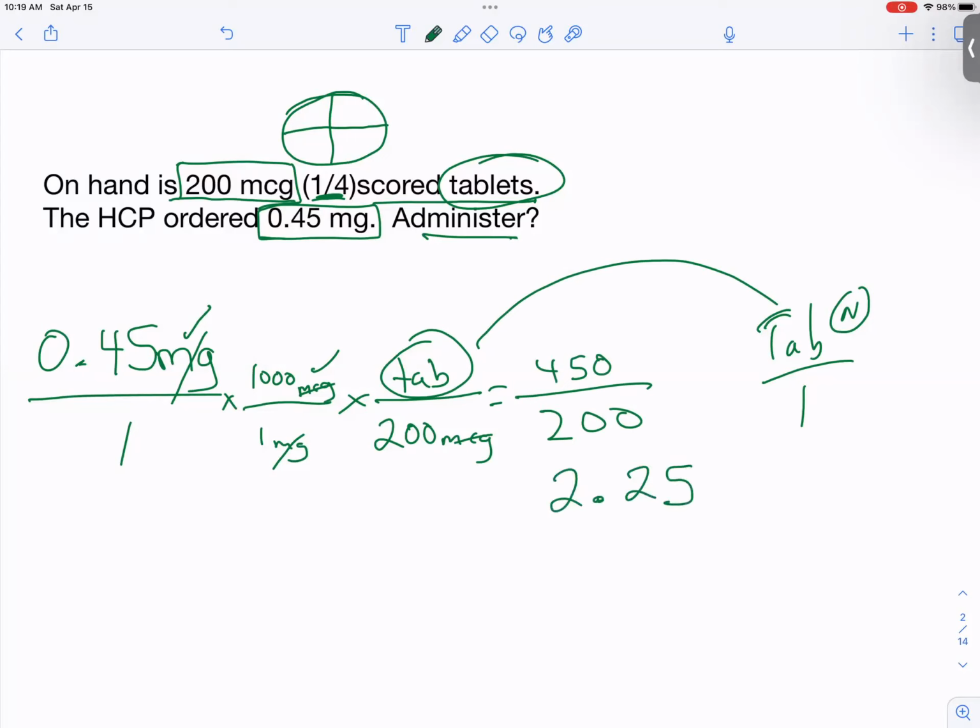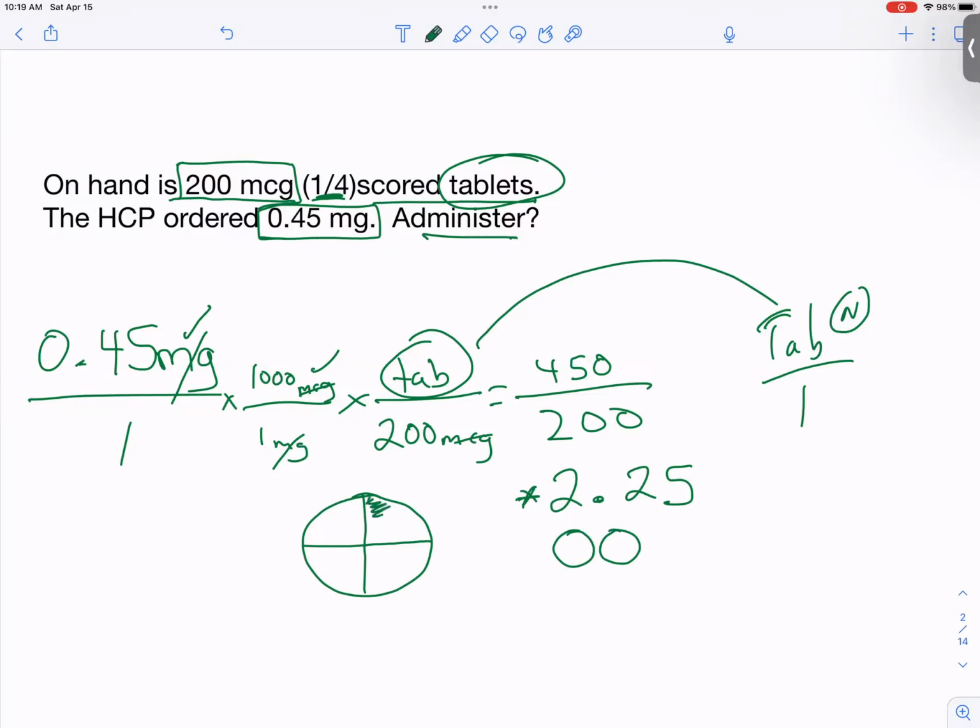2.25. Now I got done telling you what? It's in tablets. The tablet is scored in quarters, or you will see a picture on your exam. That means if my answer is 2.25, I will give 2 whole tablets, and then I will break off a quarter of another tablet.